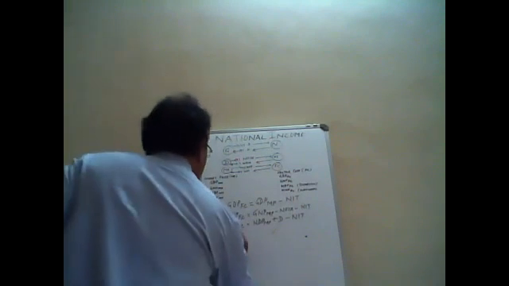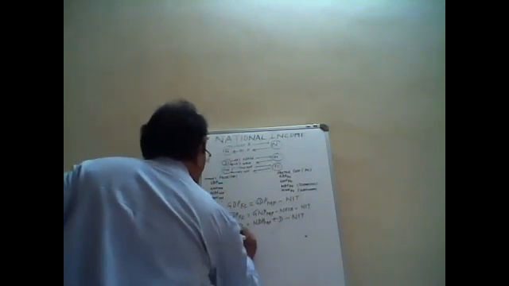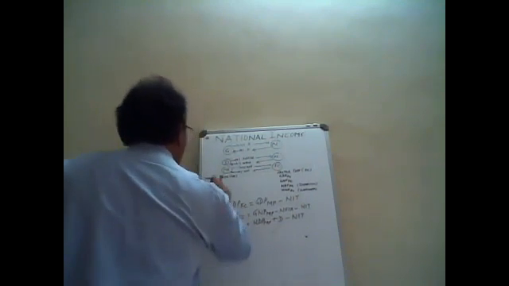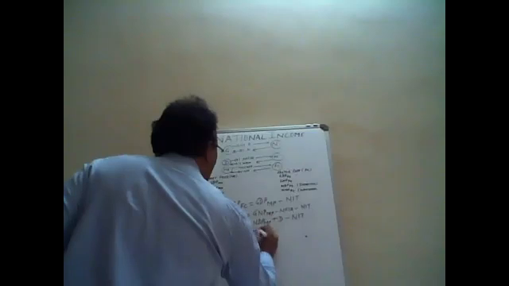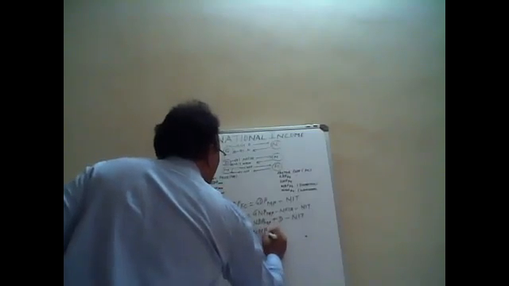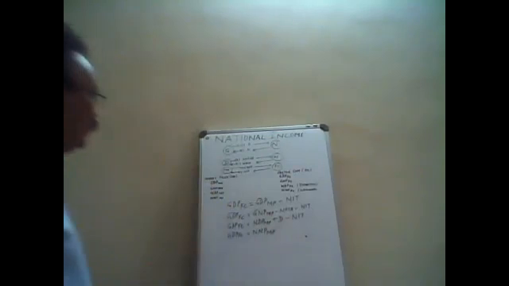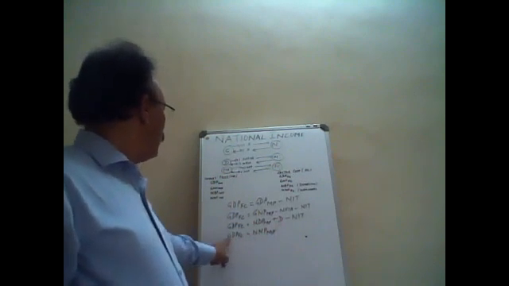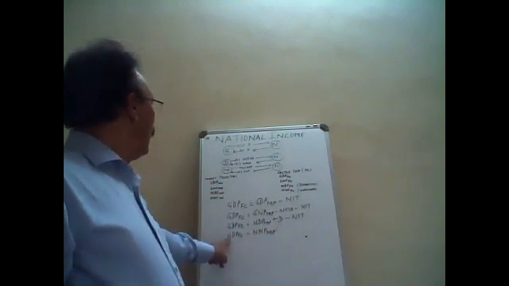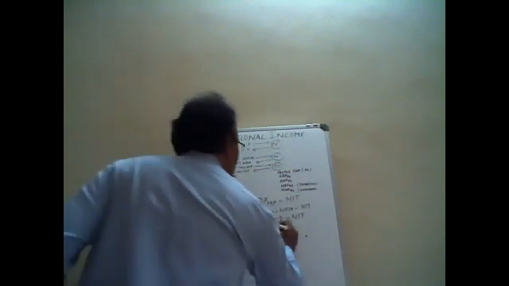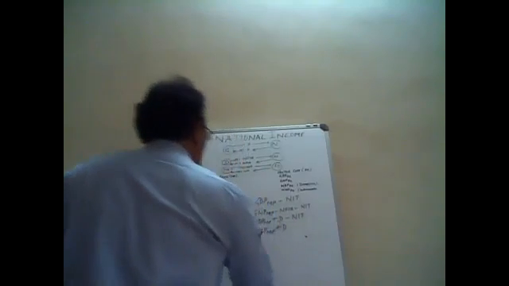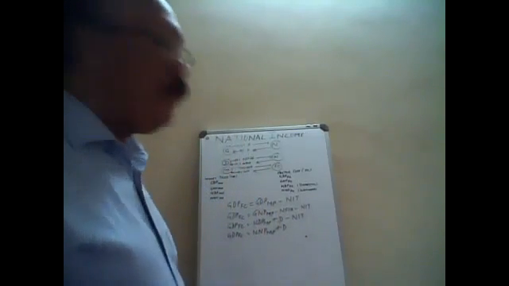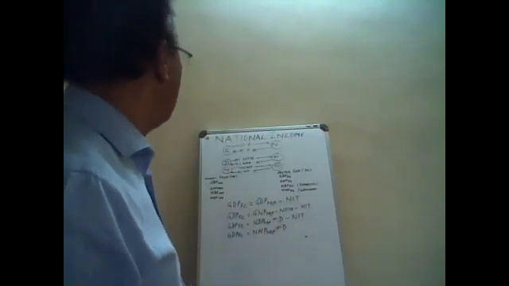Next, GDP factor cost when NNP market price is given. Okay. Net to gross, we will add depreciation. National to domestic, minus NFIA.